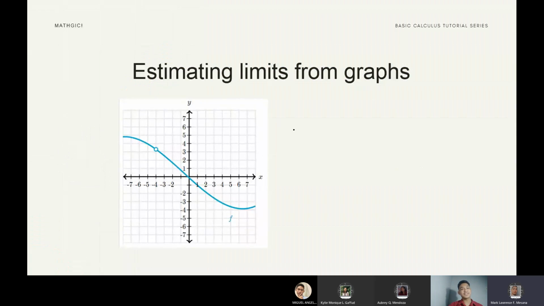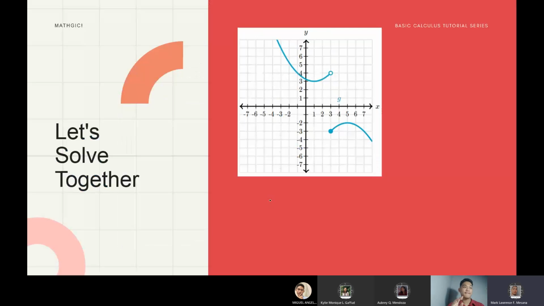So we can say that the limit of f of x as x approaches -4 is equal to 3.3. The limit is equal to 3.3. So next, let's move on.